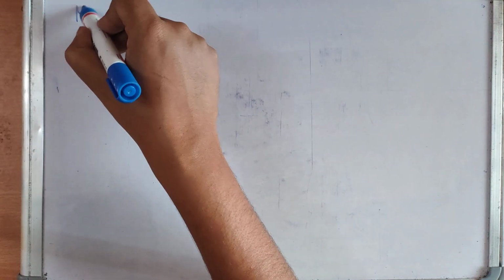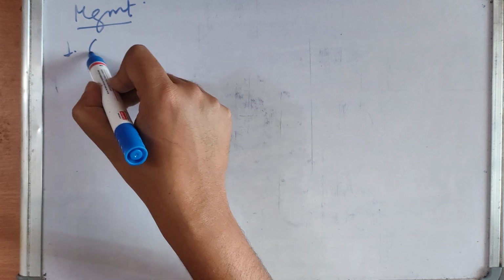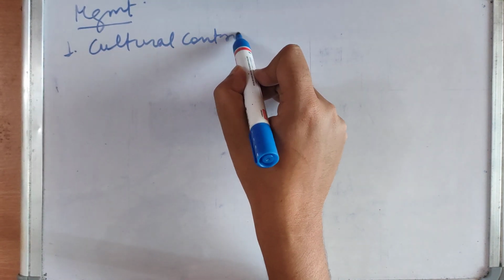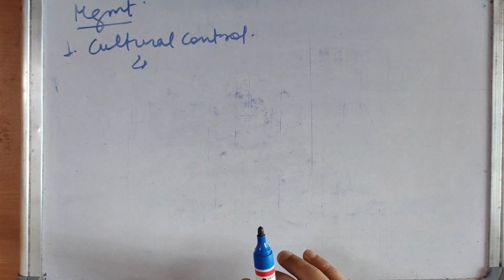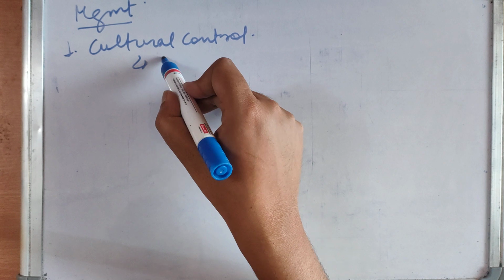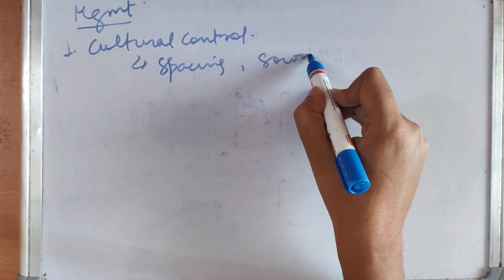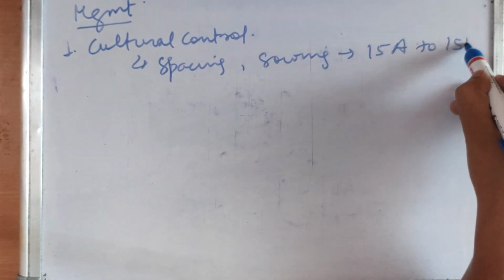Now we will see management of cotton whitefly. First of all, we will discuss cultural control. We should have proper plant spacing and proper sowing time, that is from 15th April to 15th May.